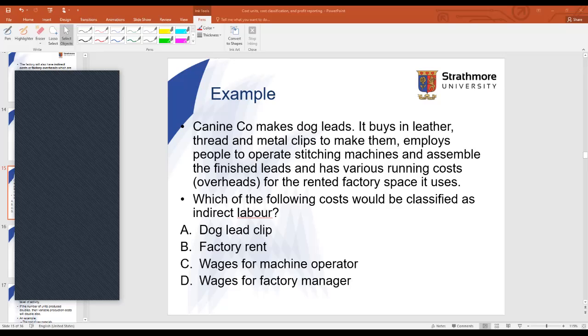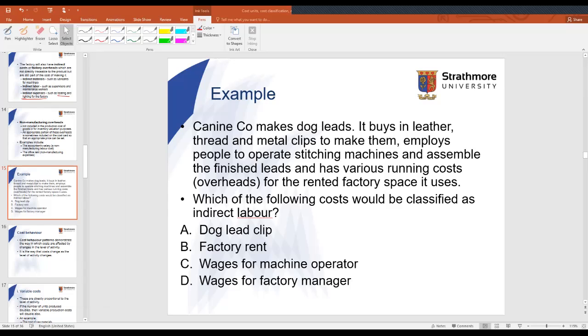Is it direct labor? Yes, it is. These are wages paid to the machine operators. This is a direct labor cost. Okay, great.